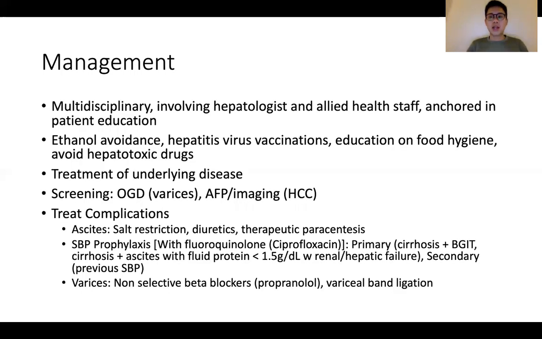Management-wise, this is a management overview where it's multidisciplinary, involving the hepatologist, allied health staff, anchored by patient education with preventive measures, treatment of underlying disease, relevant screening measures, and treatment of complications as described below.